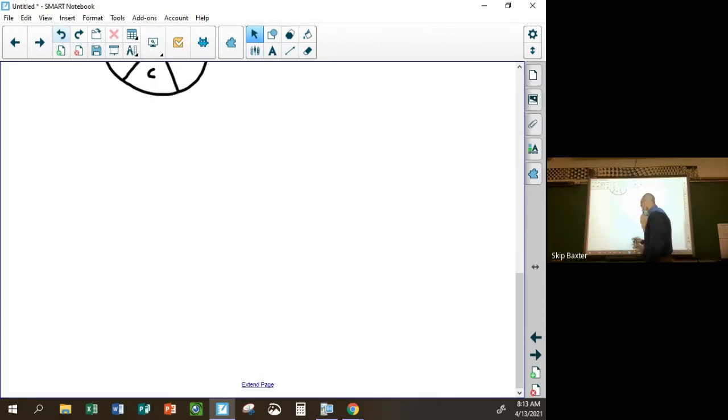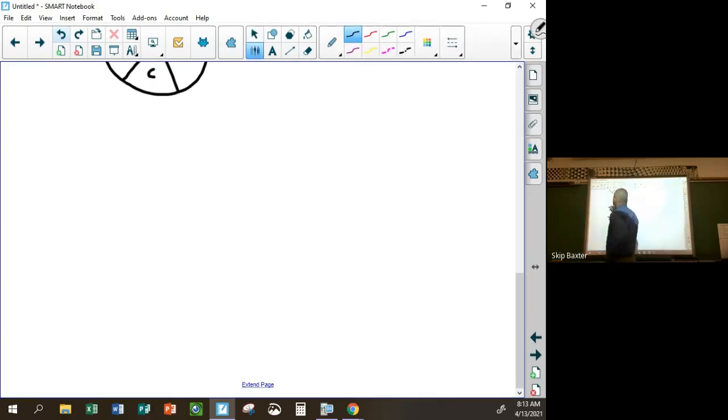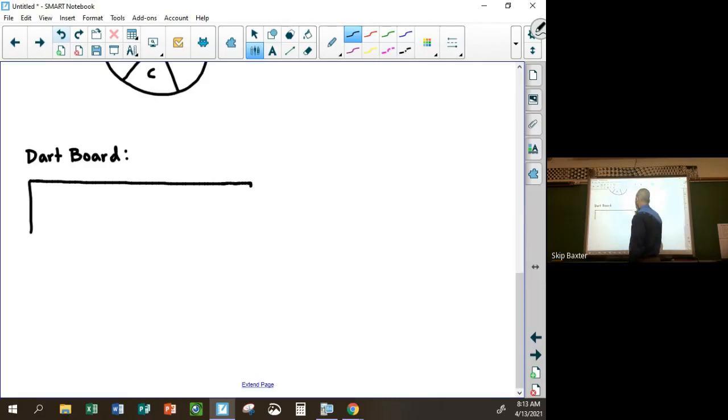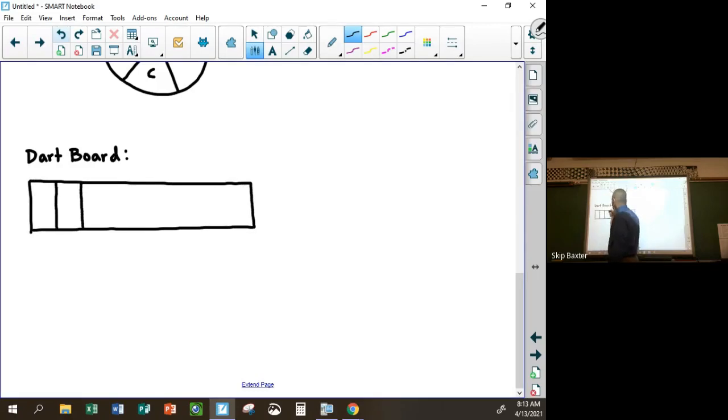So let's look at a different type of question then. What if you have just a weird looking dartboard? And suppose the dartboard just looks like this. It's just a rectangle that's split up into regions like this.